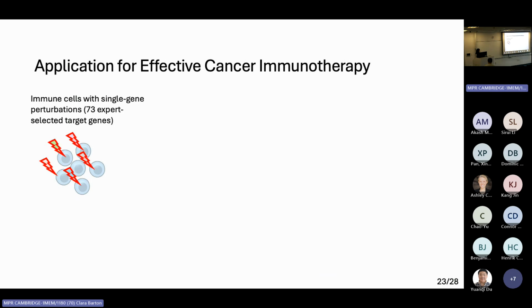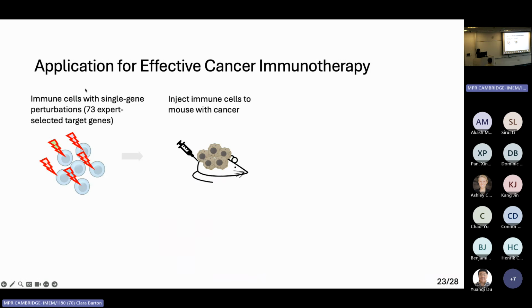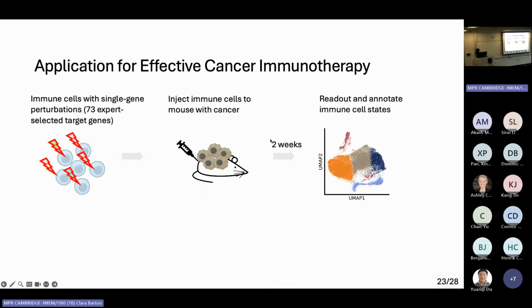So this is a data set where we have 73 single gene perturbations, a lot of single cells coming from it, and we can see their effect. After perturbing the immune cells with those perturbations, they inject those perturbed cells into a mouse with melanoma, and then waited 2 weeks to read off the effect.